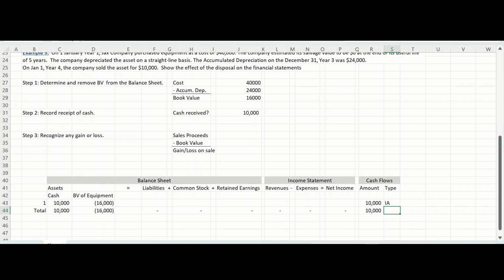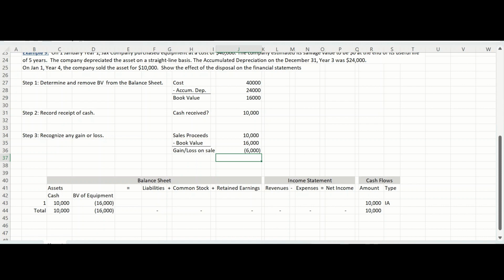Lastly, recognize any gain or loss. We do that by taking the sales proceeds less the book value. So the sales proceeds, as we just determined, was the receipt of cash of $10,000. The book value we also just determined was $16,000. So we have 10,000 minus 16,000 gives us a negative $6,000, or a loss of $6,000.